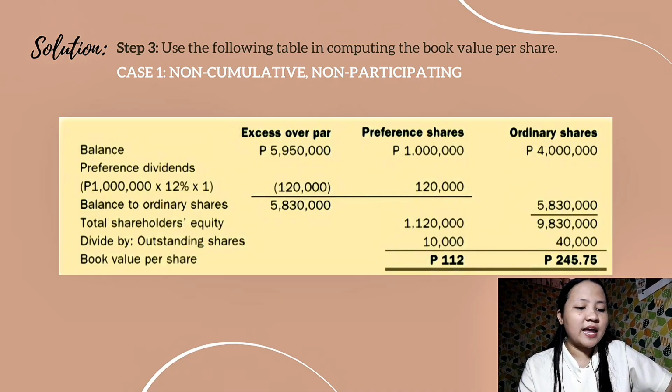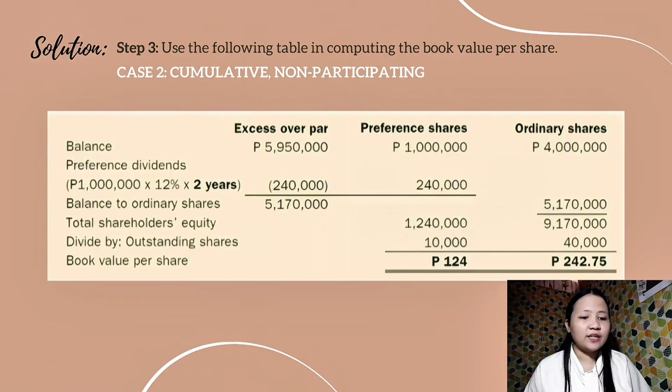That would give us a book value per share of 245.75 for ordinary shares. So here we have solved the non-cumulative, non-participating case, with ending amounts of 112 pesos for preference shares and 245 pesos and 75 centavos for ordinary shares.